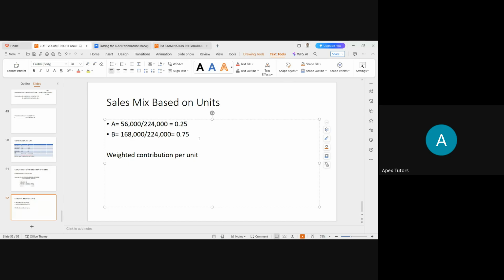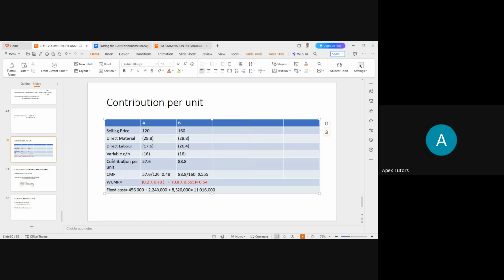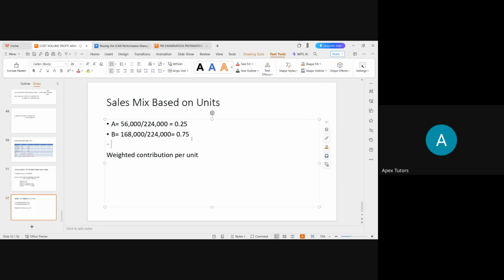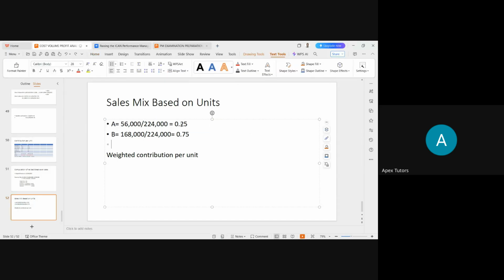For us to get it, we must know our contribution per unit, which still remains the same.